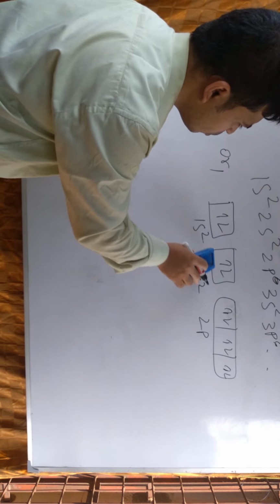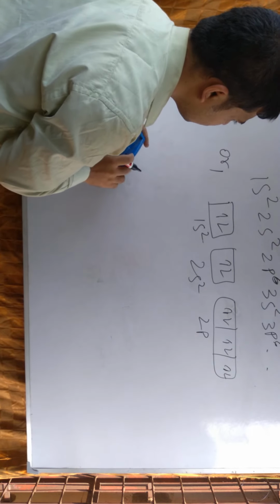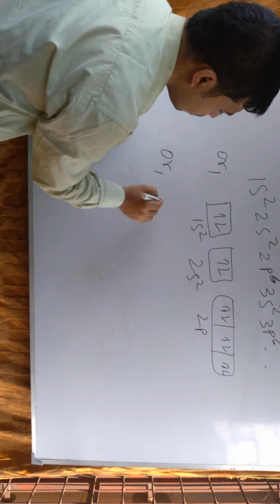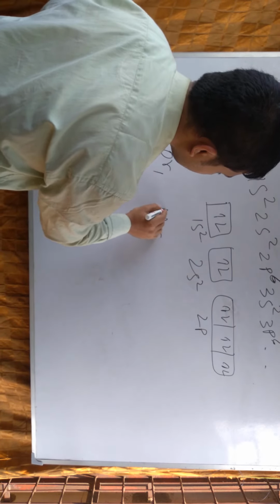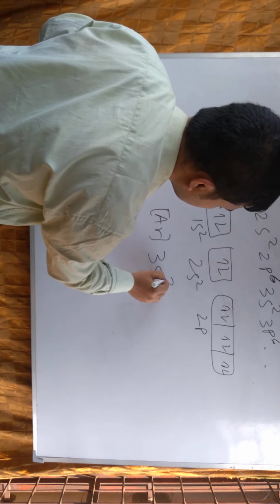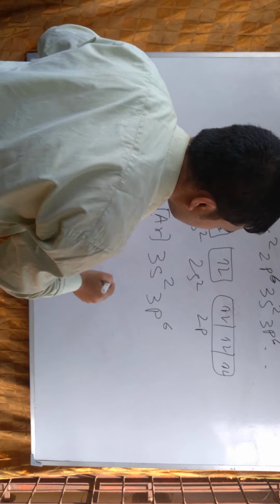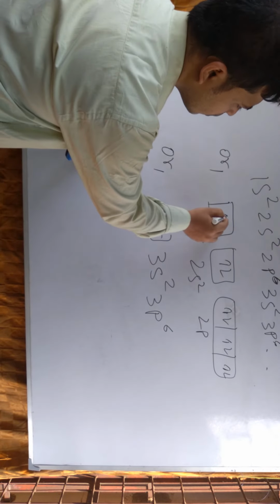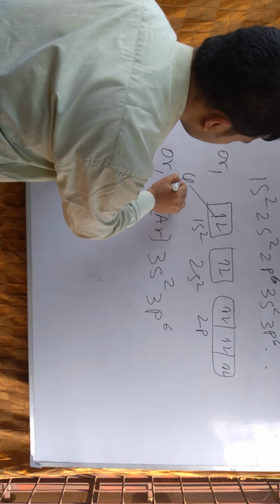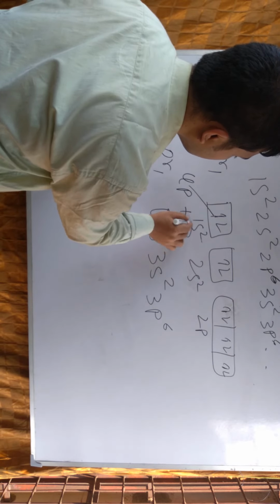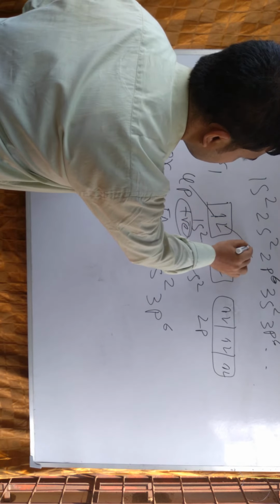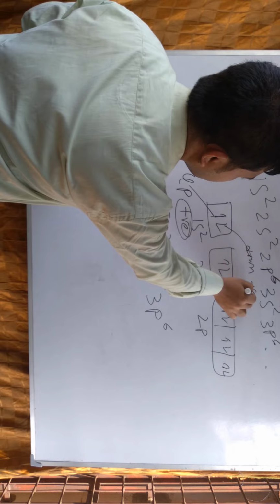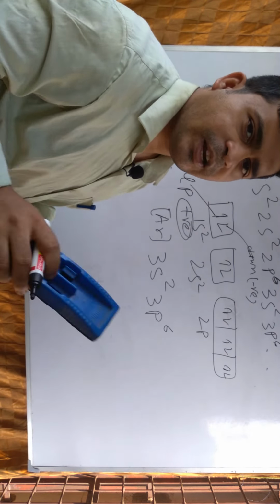In this way we can also write the electronic configuration, or we can write it using an inert gas, argon, then 3s2, 3p6, and so on. Here the up spin is the positive spin, and the down spin is the negative spin. The down spin is always a negative spin.